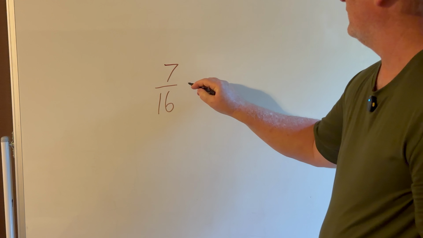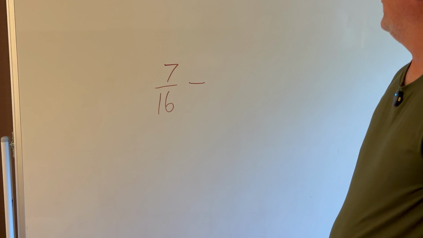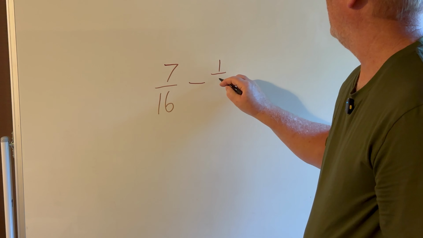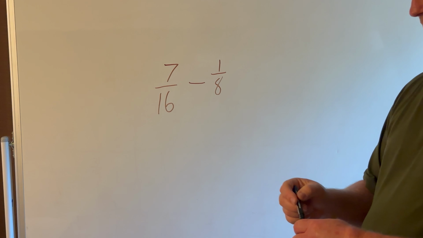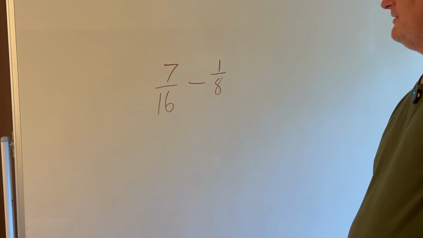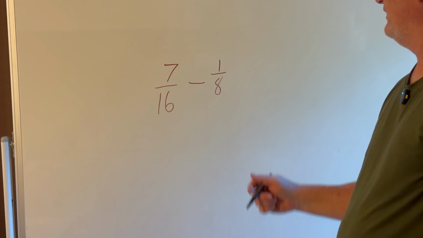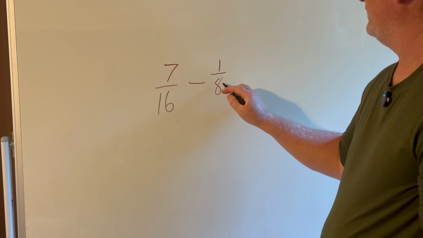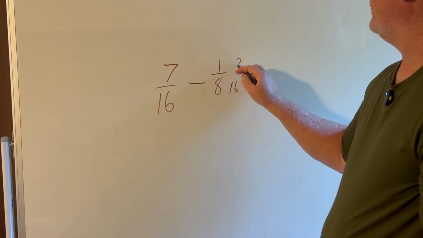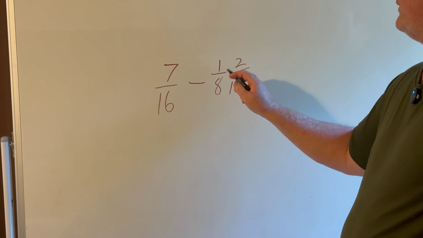Right, we're going to subtract 1/8. Right? We know 1/8 is 2/16, right? Because 8 times 2 would be 16, 2 times 1 would be 2. So we already know it's 2/16, right?